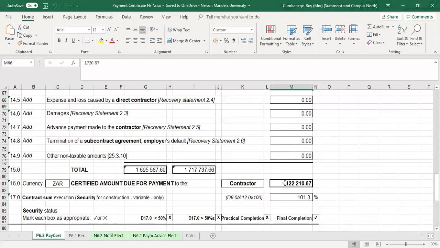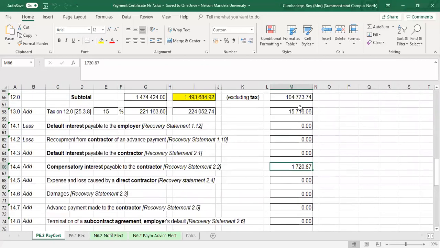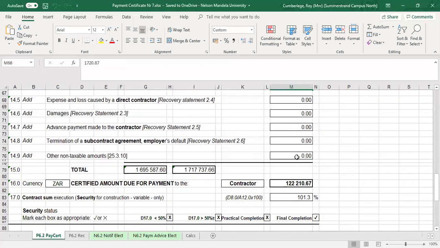And in this case, if we add the 104,773 Rand, plus the tax on that, plus the compensatory interest, no other additions, that gives me then a total value of the check to the contractor of 122,210 odd Rand. And we indicate the percentage, as well as that we've issued a final completion.